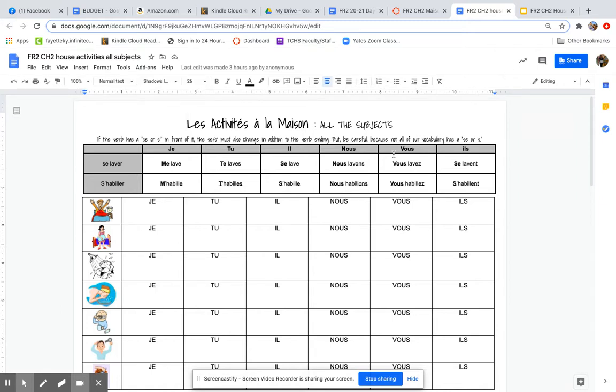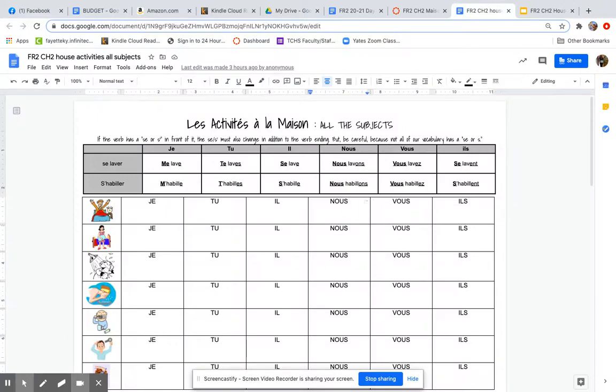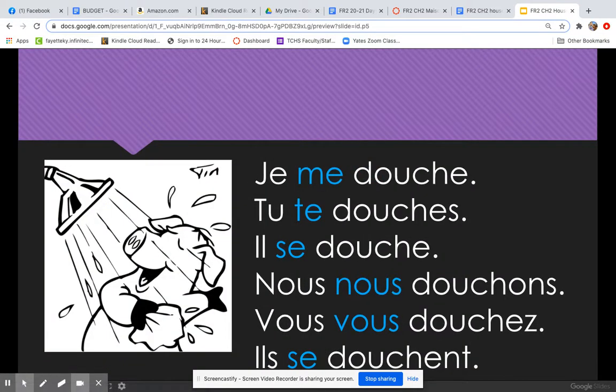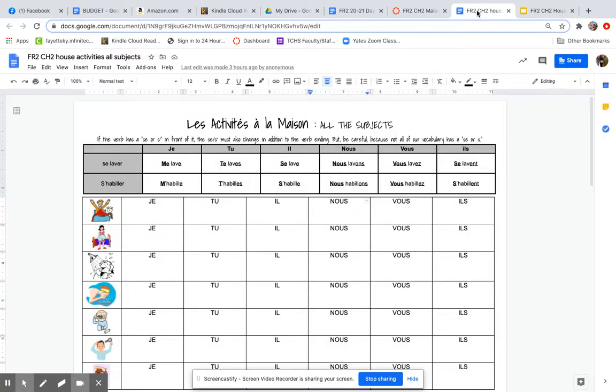Okay? So what you're going to do, you have all of these fully written out for you on this PowerPoint with the correct accents, endings, and the correct form of this reflexive pronoun right here. So you are going to go through and copy these notes into this table. I know it's a lot of typing, okay? You could literally copy and paste from this PowerPoint, or you can type them in.